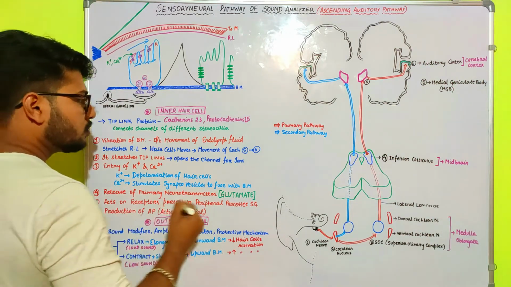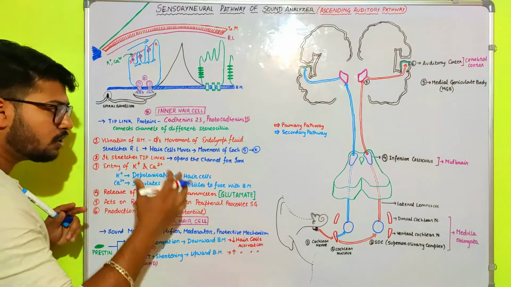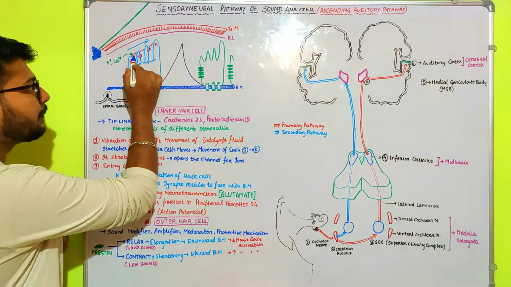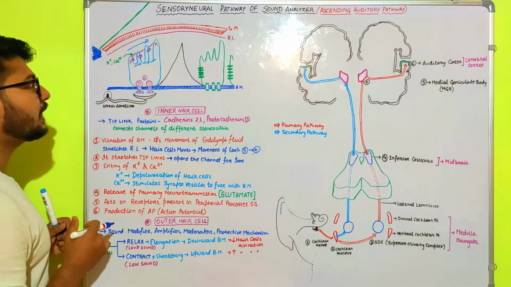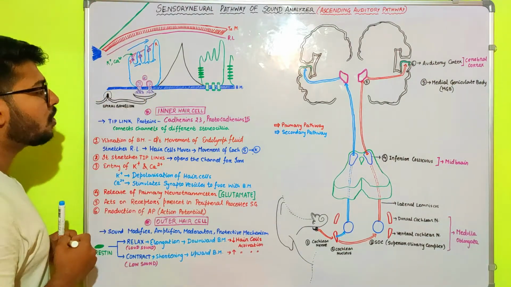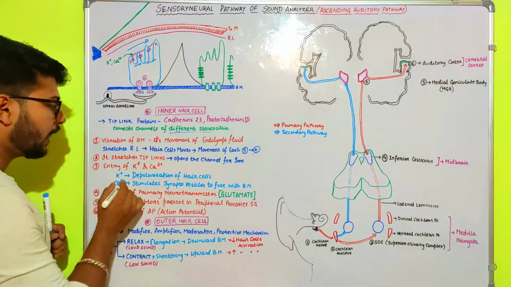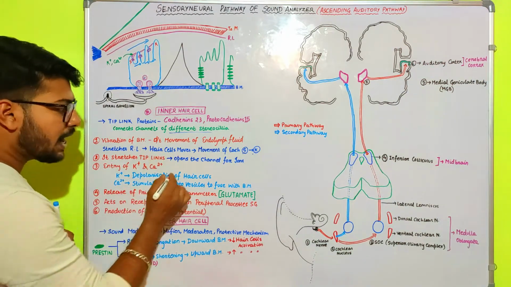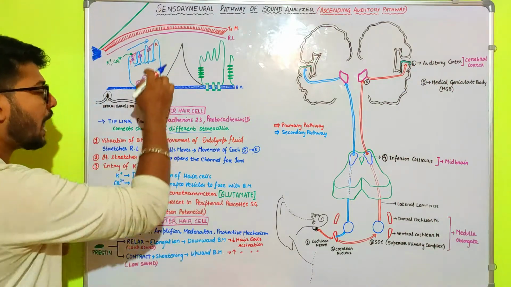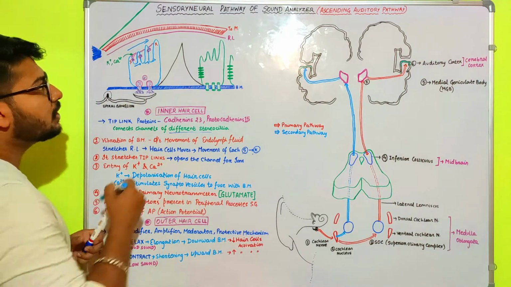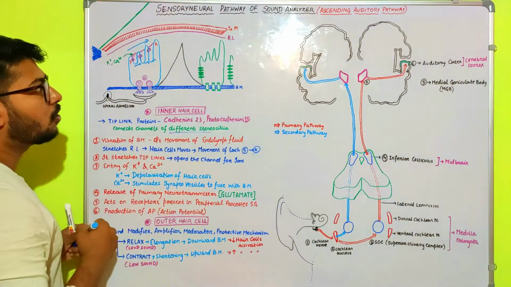Okay, due to the movement of this stereocilia and kinocilia, what will happen? The tip links that are present over the surface and connect the different stereocilia are going to open. It stretches the tip links and opens the channel for ions. Which ions?